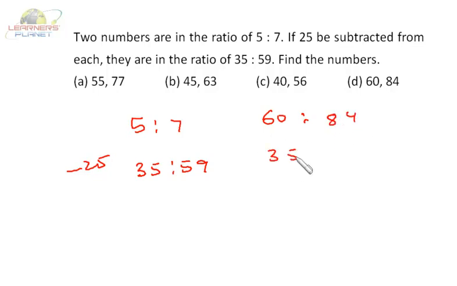And it is 35 is to 59, and the difference between these two parts is 25. The actual difference between these two is also 25. That means 25 parts is 25, so 1 part is 1. So the numbers will be 60 and 84. This is the correct choice.